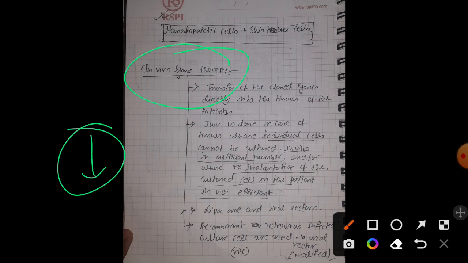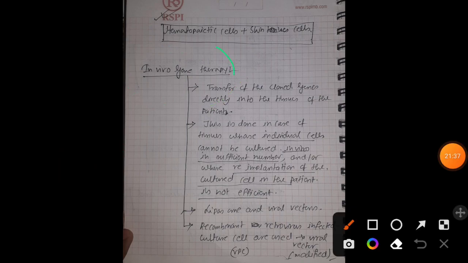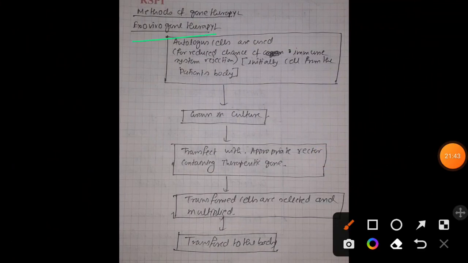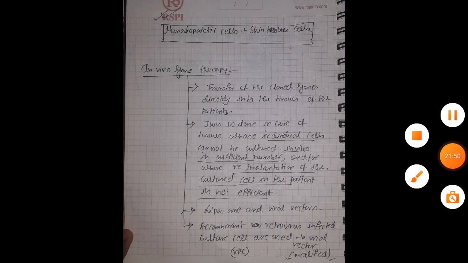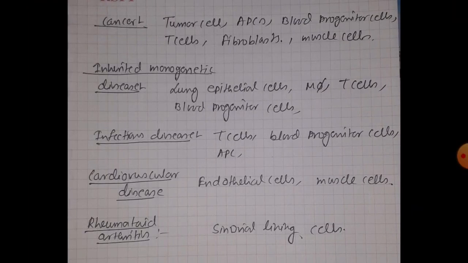Obviously in vivo gene therapy is easy to perform, while ex vivo gene therapy is quite difficult and more invasive, and in vivo gene therapy is less invasive. So we have also constructed a difference between ex vivo and in vivo gene therapy, and that will be useful for your exam.